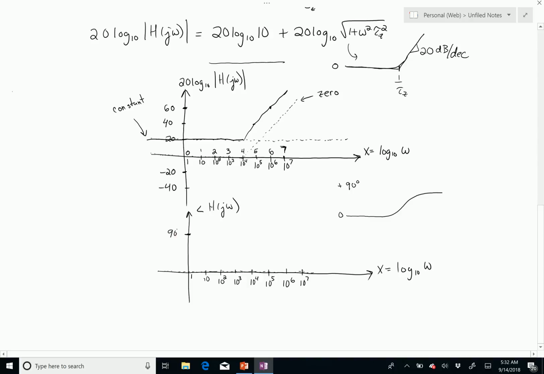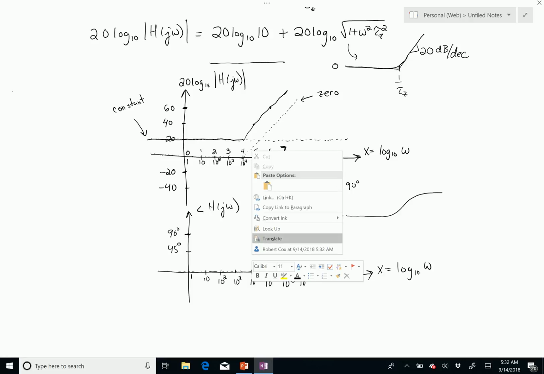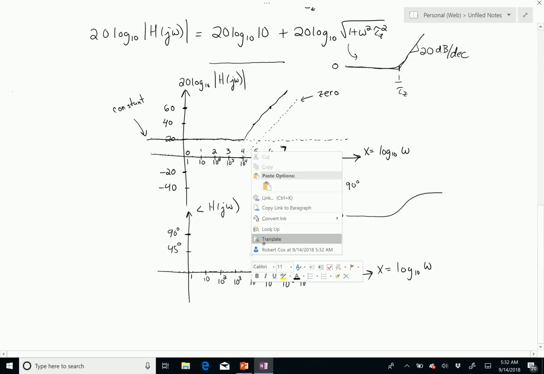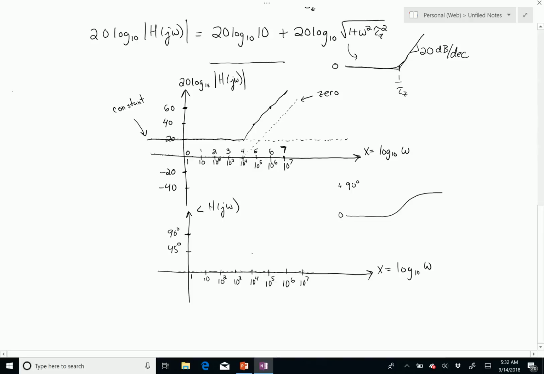So in this case, here's 90 degrees, here's 45 degrees. The 10 to the 4th would be here, and at 10 to the 5th, I should be here.